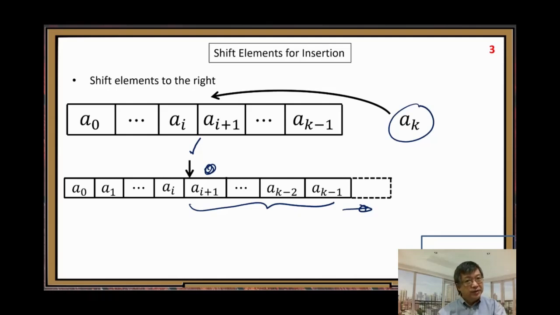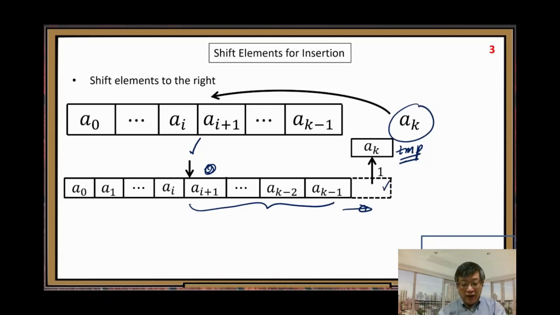How do we do it? We do it this way. First, we move A sub k to a temporary location. We copy it to some temporary location because we want to make this location empty for the new element.